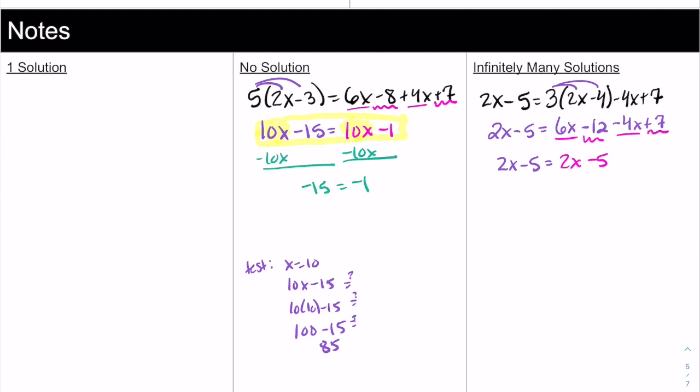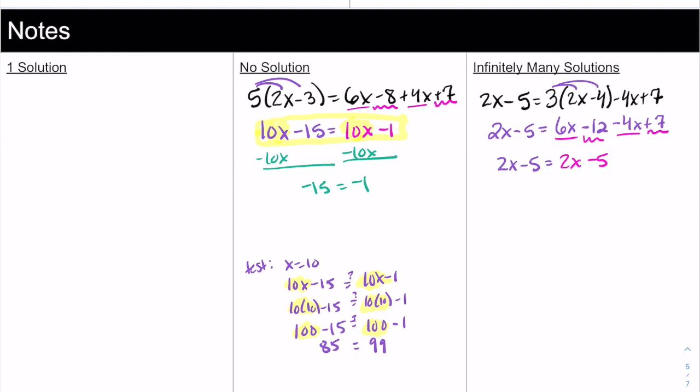On the other hand, 10x minus 1, 10 times 10 minus 1, 10 times 10 is 100 minus 1. We're going to end up at 99. So notice that 10x, 10 times 10, 100, we get that same piece on both sides, but then one side is minus 15, one side's minus 1, and we would always have an unbalanced scale.